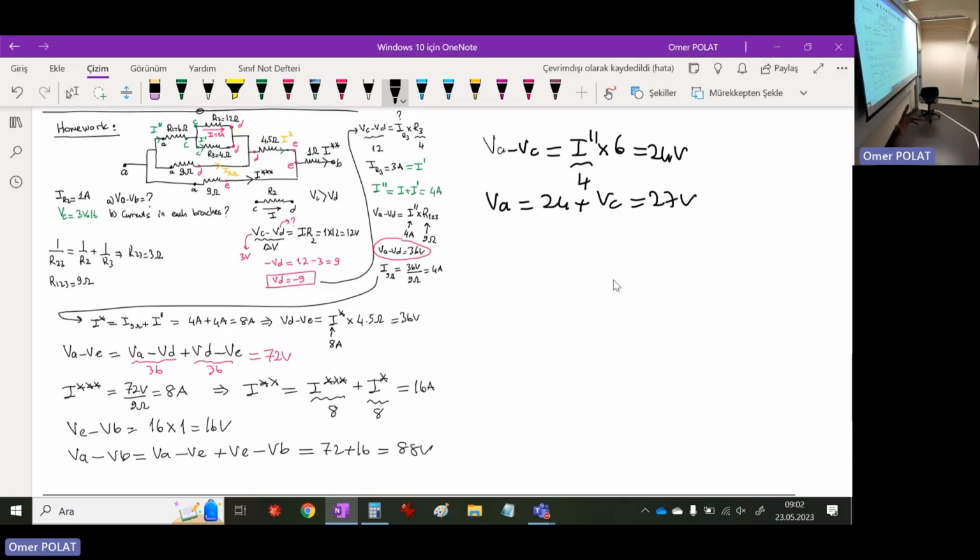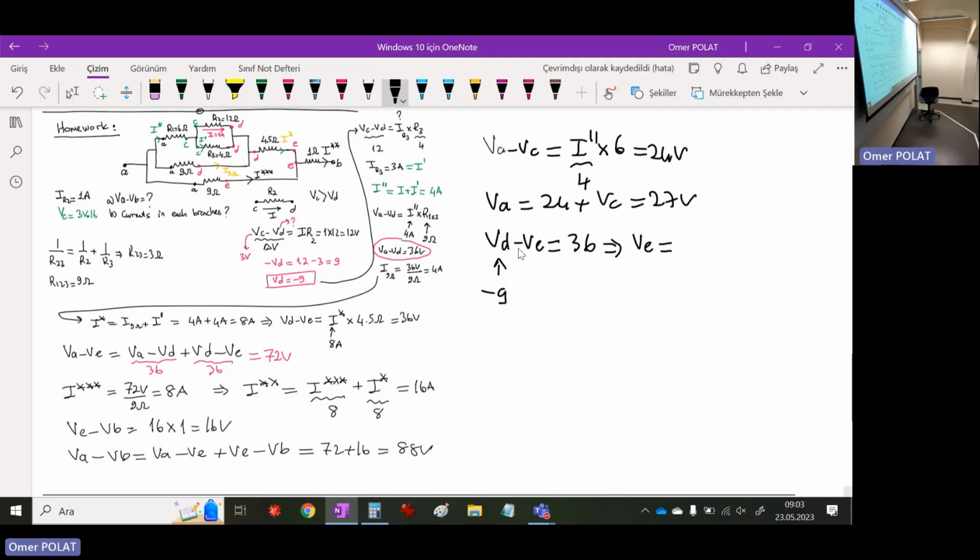What is VB? Let's find VB. But first, we should know what VE is. We know VD, as you see, VD is minus 9. VD minus VE, where is VD minus VE? 36 volts. I know VD is minus 9. What is VE?